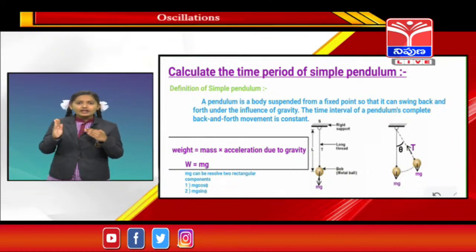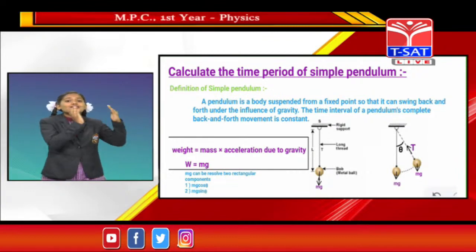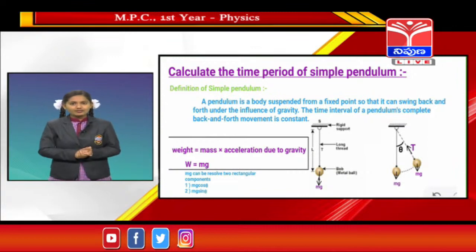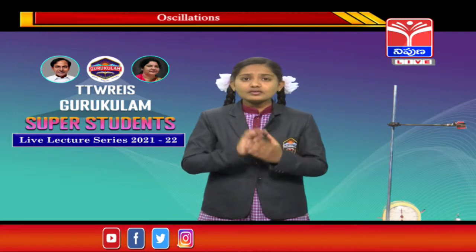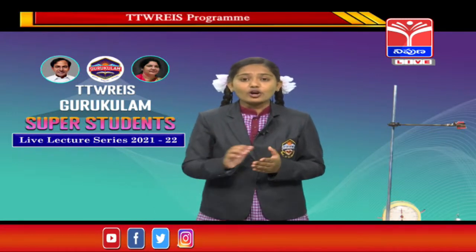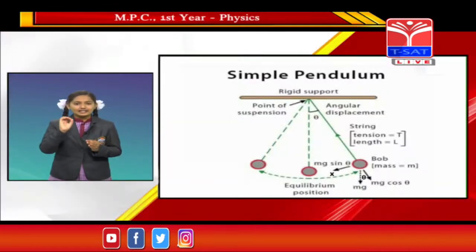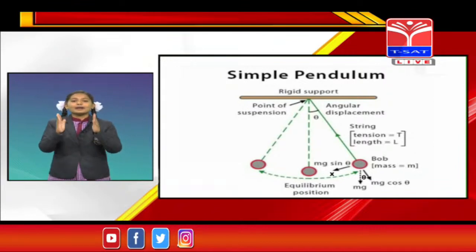Restoring force means mg sin theta always pulls the object in the backward direction to restore it to its original position. The angle between the length of the pendulum and mg is theta, because the length of the pendulum and the mg form that angle.